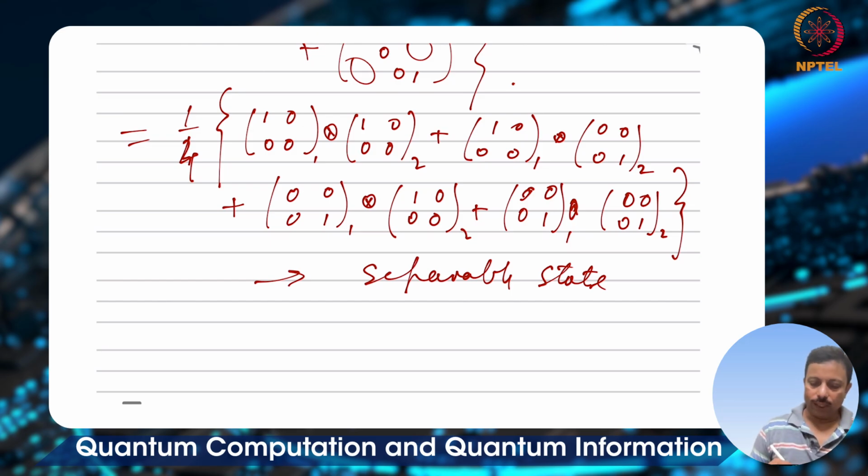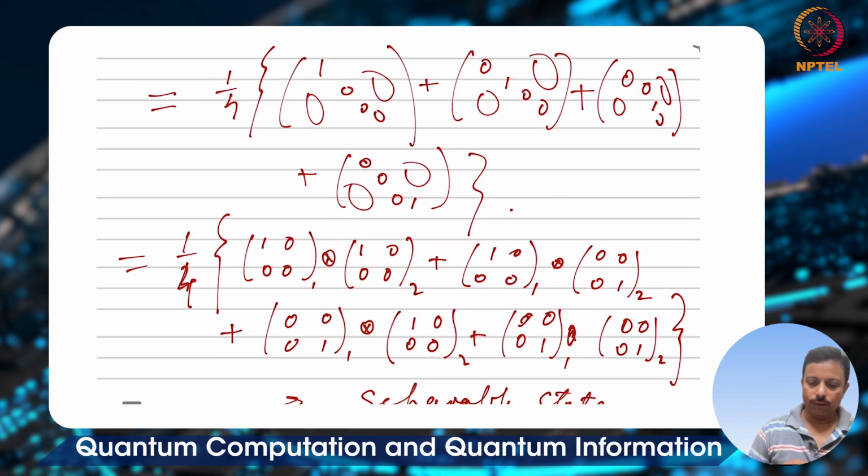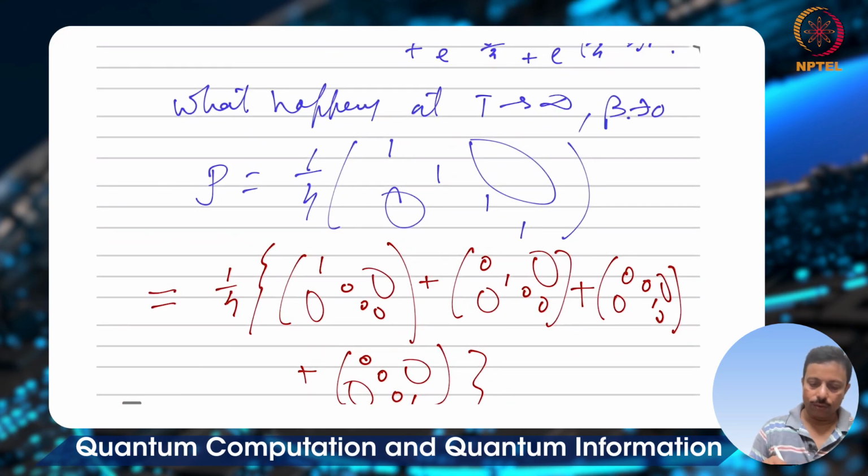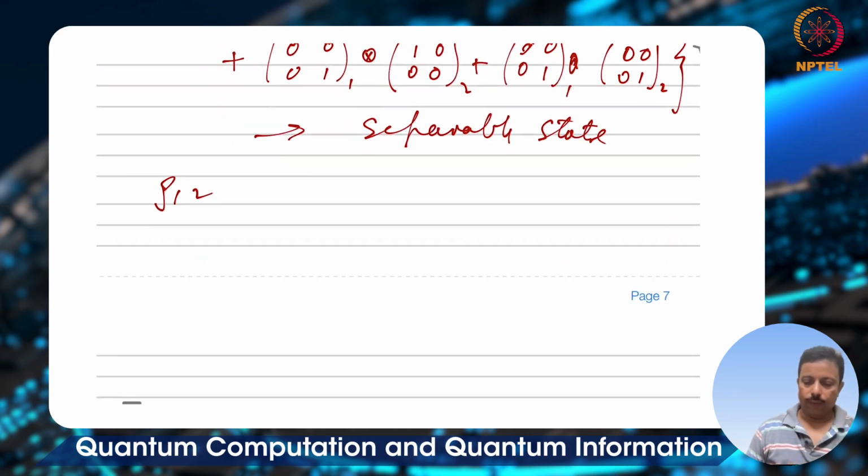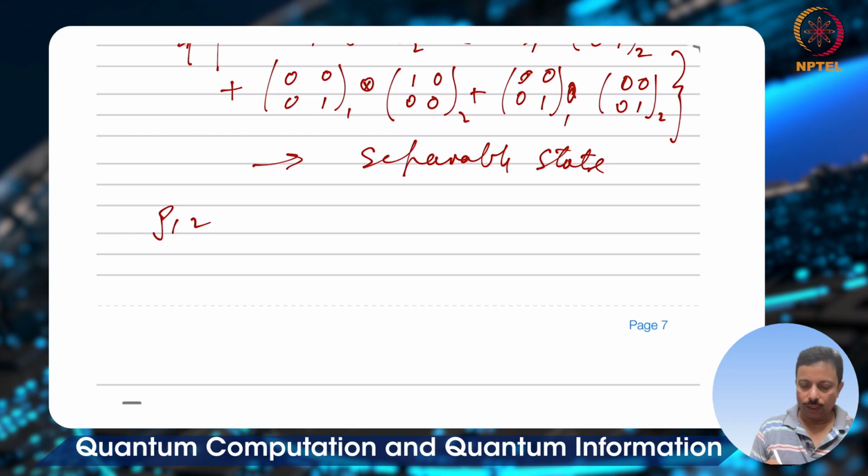Because this rho 1,2 can be written as sum over i, p_i, rho_1i tensor rho_2i.